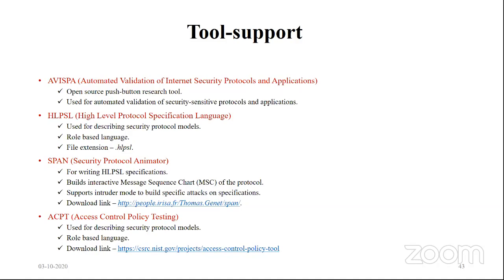It's a role-based language in which the roles of the entities that are part of the communication can be defined. Then there is a security protocol animator, which is part of the tool suite itself. It is there to execute the scheme that you define using HLPSL, and it shows the stepwise execution of the scheme.